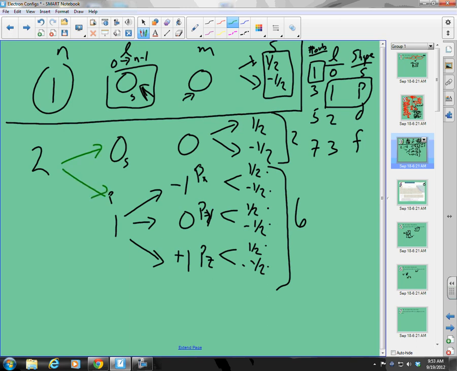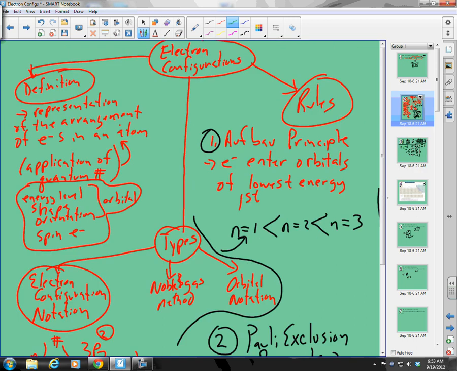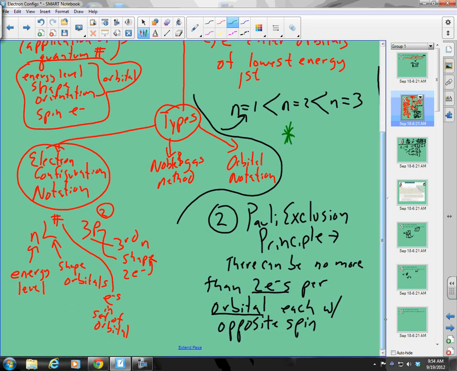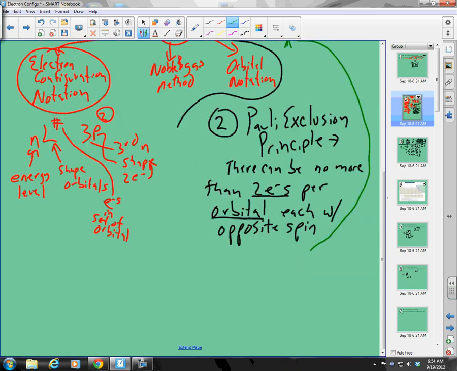Well, this goes back to our Aufbau Principle. Okay, what we have to understand is, let me put a little star here because my orbitals actually have different energies. So let's come over here and let's talk about my orbital energies.